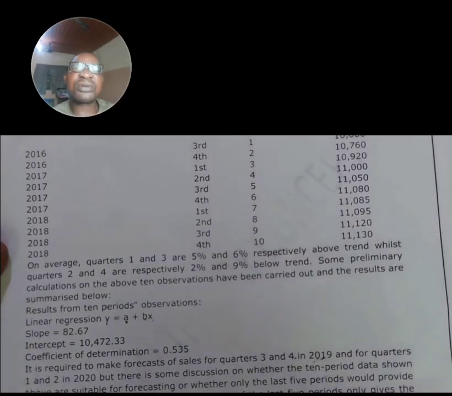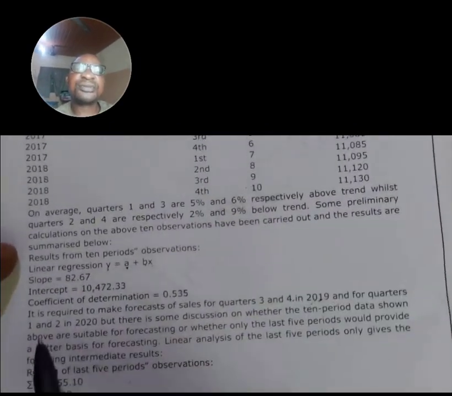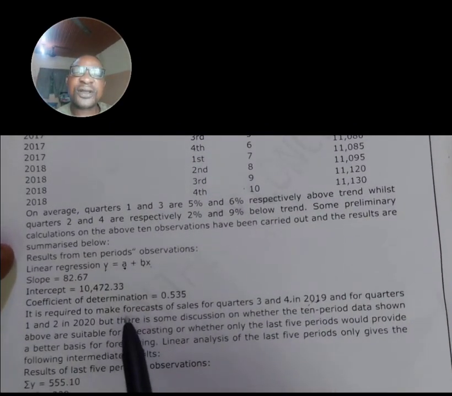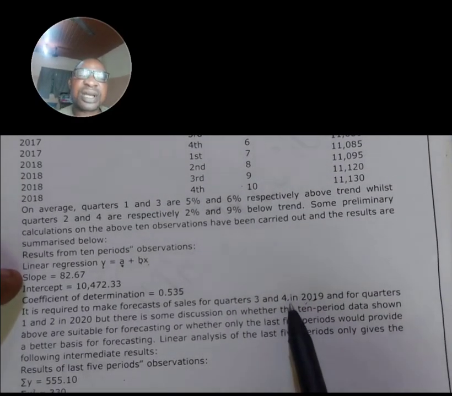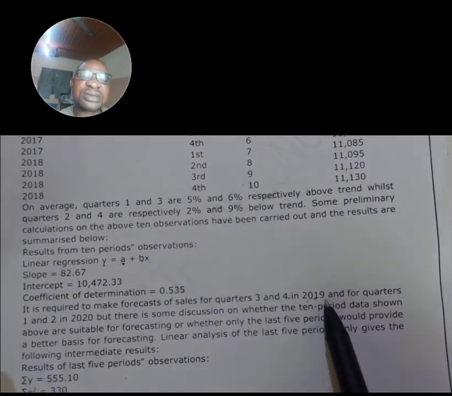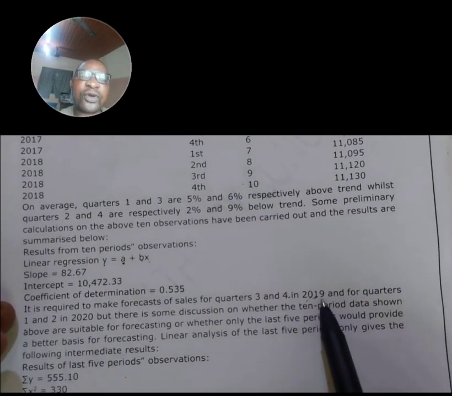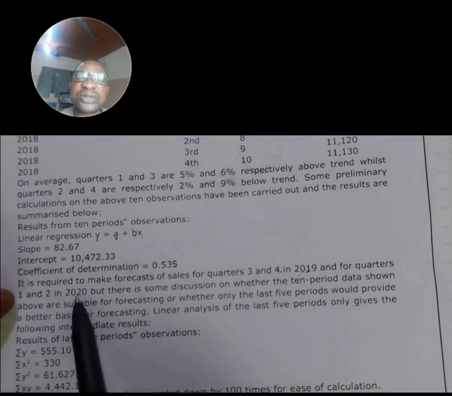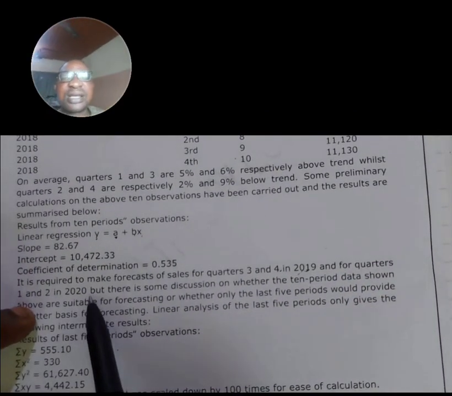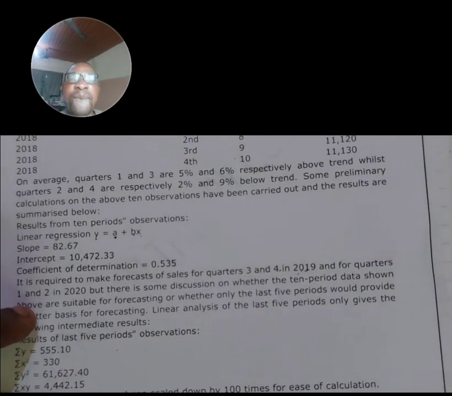The requirement says it is required to make a forecast of sales for quarter 3 and 4 in 2019, and for quarter 1 and 2 in 2020. We have to make forecasts.